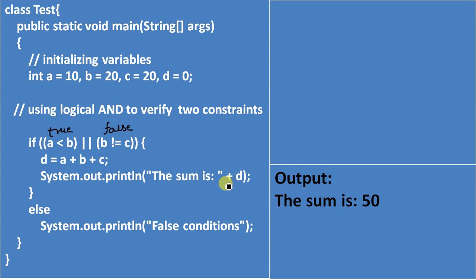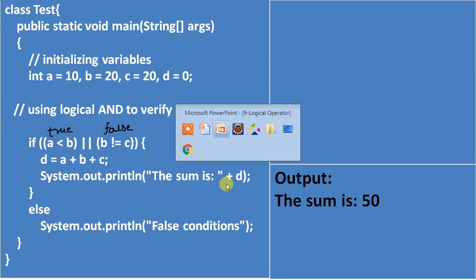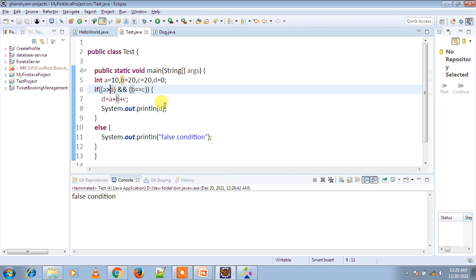Let me show you in the Eclipse IDE. Here we are now using the logical OR operator, with b not equal to c. You can see only one condition is true and the second condition is false, but the result will be 50 with a less than b.